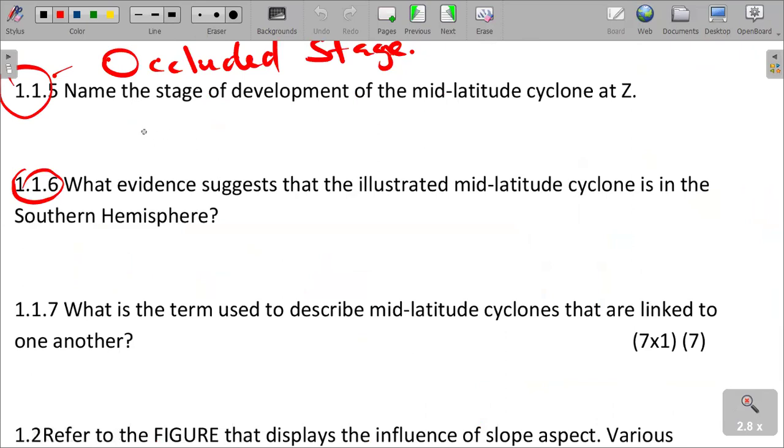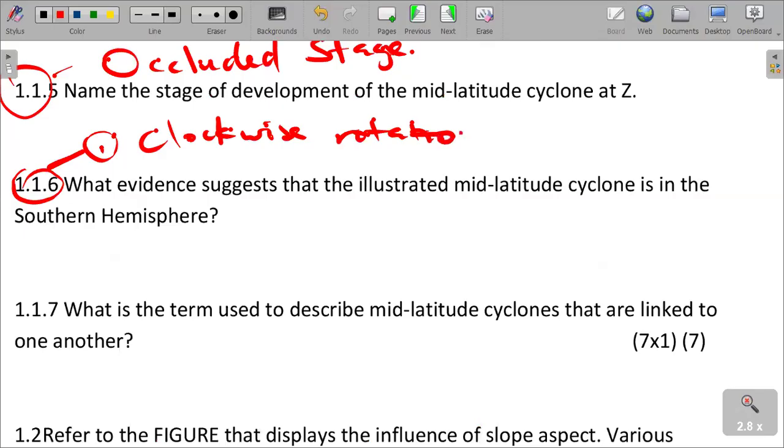So we are saying, one, air mass, we are talking about clockwise rotation of the air. Clockwise rotation of the air shows that we are in the southern hemisphere. The air circulates in the clockwise direction.